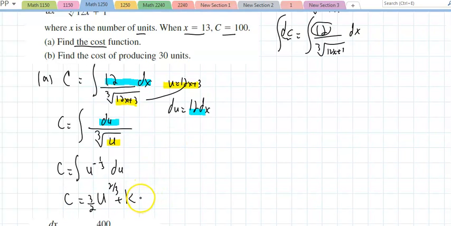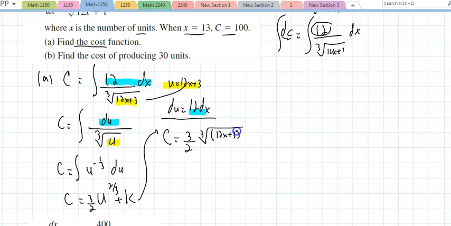And if I really glance at this, I get 3/2 times the cube root of 12x plus 3. I want to make that bigger. The cost function is 3/2 the cube root of 12x plus 3 squared plus k.